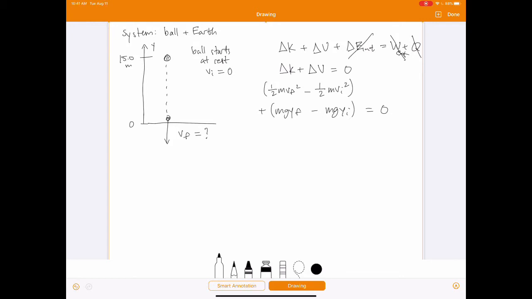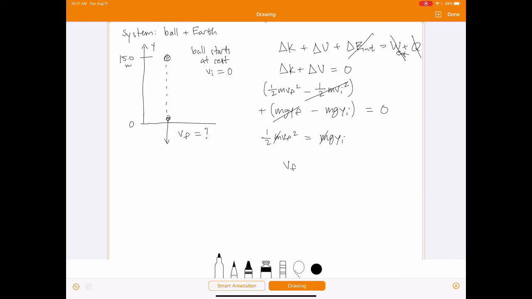All right, well, there are a few things we can simplify. V initial is 0, so I can cancel out that term. And then y final is also 0 because it reaches the ground. So we have something really simple now, which is 1/2 m v final squared is equal to m g y initial. We don't even need to know the mass, that drops out.